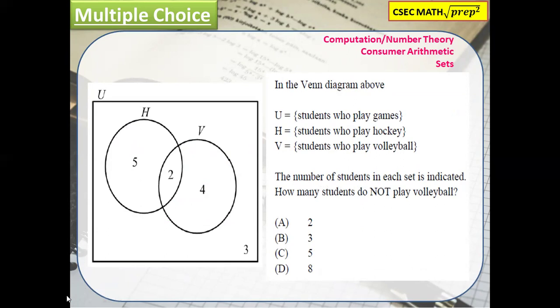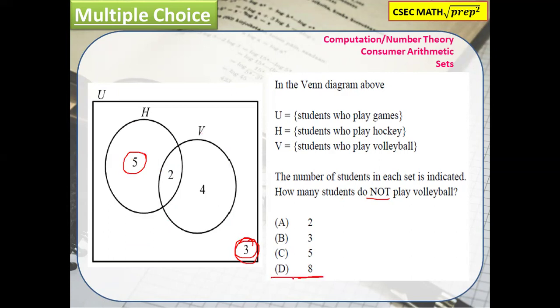All right, so looking at our set here, recognize that there are 7 persons that play hockey, and 6 persons play volleyball. Now, there's a tree here that seemed to be out of the way, but it's a part of the universal set. So the persons that do not play volleyball would be these 5 persons here and these 3 persons that play none of the sports.